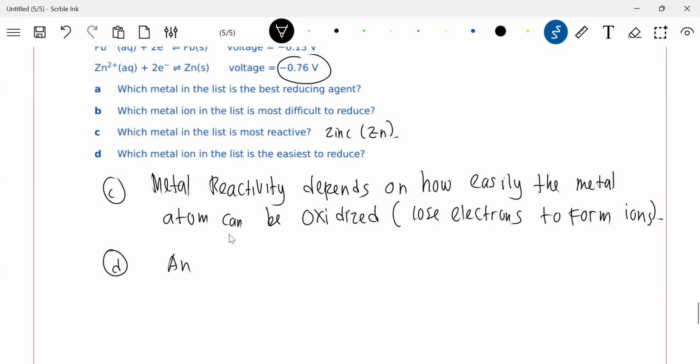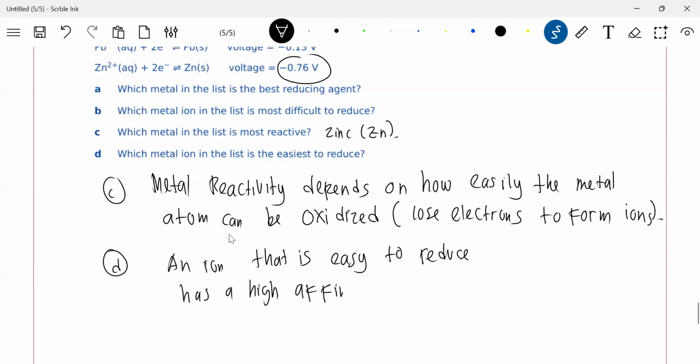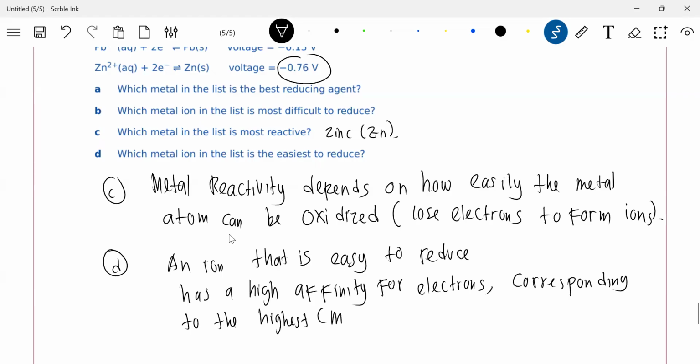An ion that is easy to reduce has a high affinity for electrons, corresponding to the most positive standard potential.